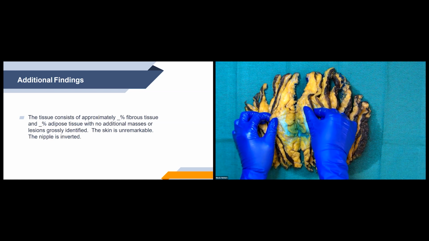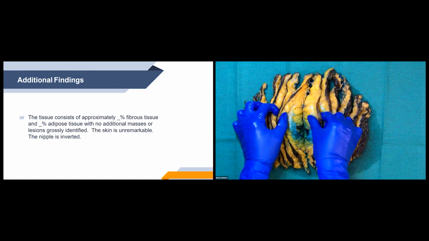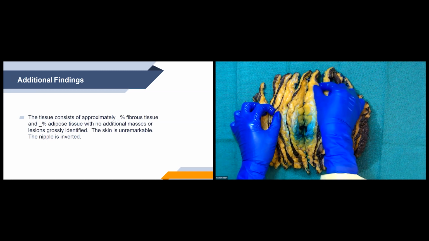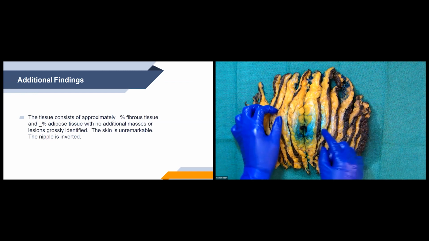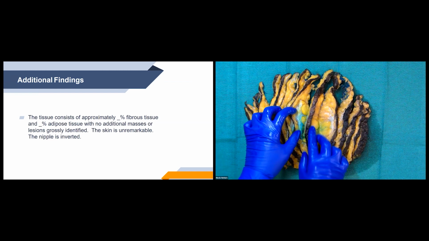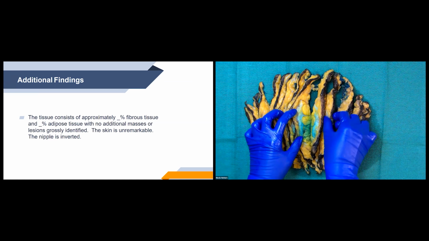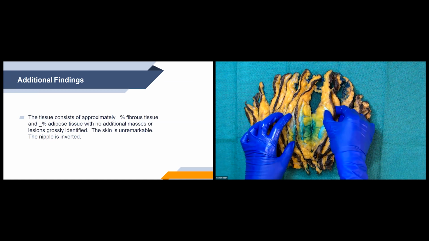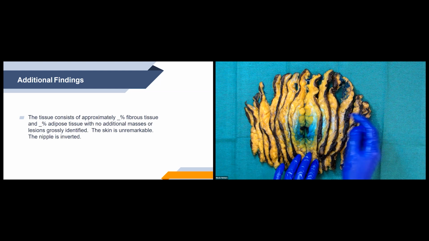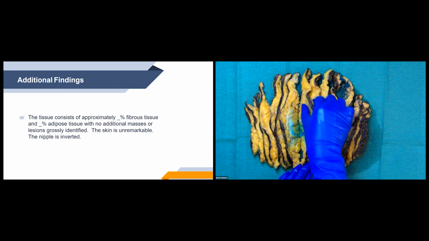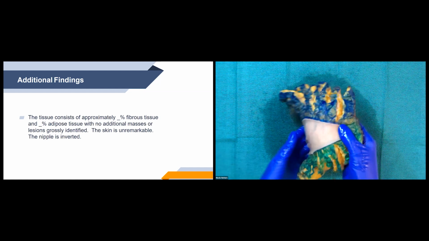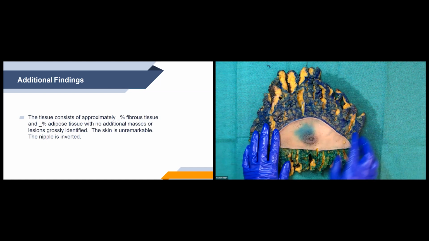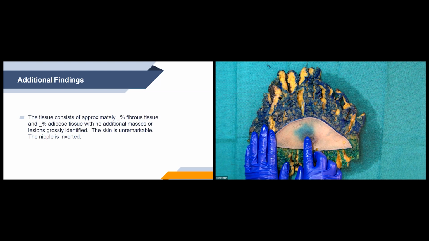So that's all of this white kind of rubbery tissue throughout. And then the adipose tissue is more of this yellow coloration here. So for this one, I would say that there is probably about 20% fibrous tissue and 80% adipose tissue. And then we also have here our nipple, which is inverted.